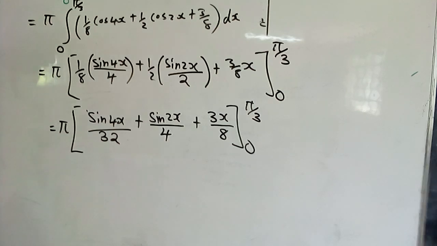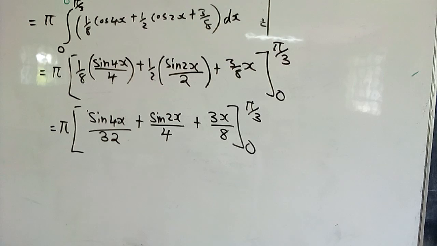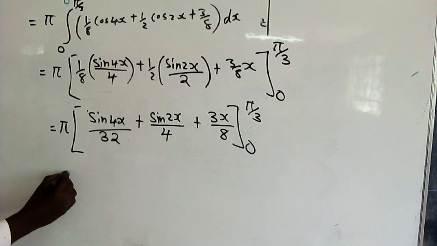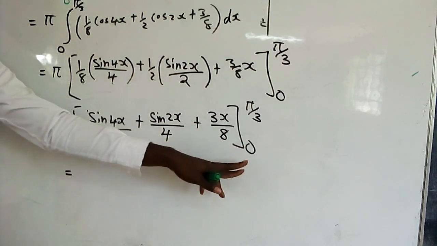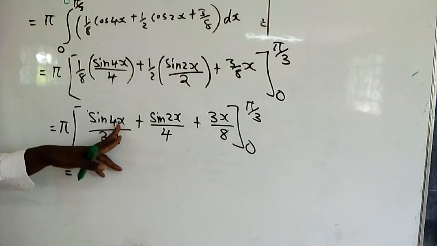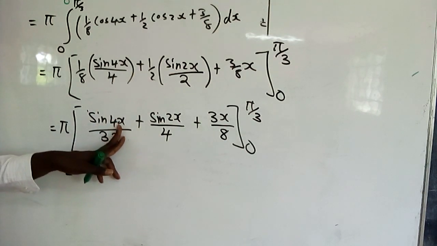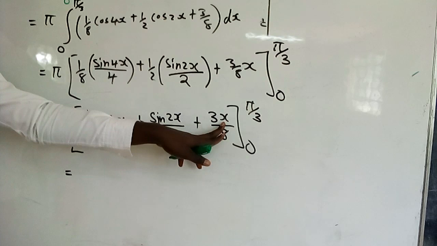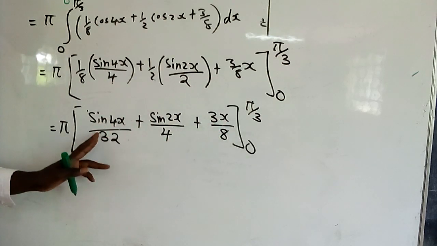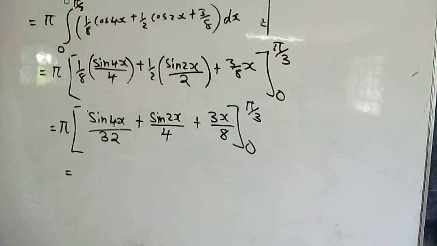You see, only the upper limit is enough here, because it is going to be upper limit minus lower limit. When the lower limit is 0, sine 0 is 0, then 0 plus 0 plus 0 when x is 0. So the whole lower limit is going to be 0. It means only the upper limit gives you the answer.